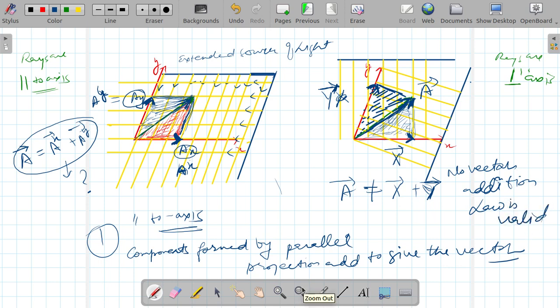But this diagram will suggest something if we try to look at it carefully.